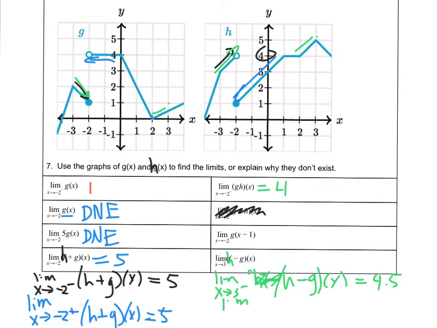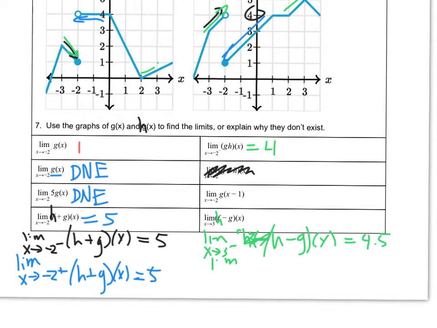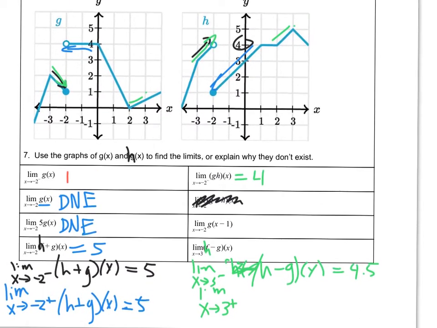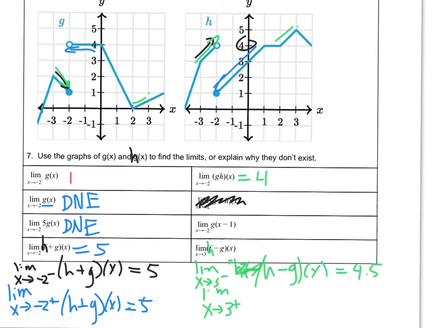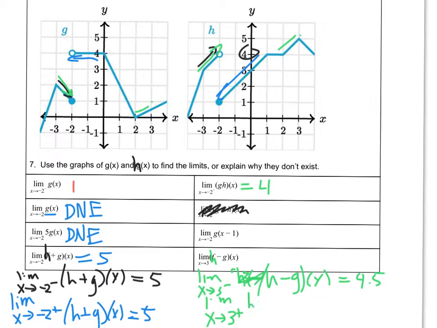So that's the limit as x approaches 3 from the right. And when we do that, we get the same exact values. So h minus g. And from the right, we'd have, again, a height of 5 minus a height of 0.5. Whew. My writing today is pretty extraordinary.